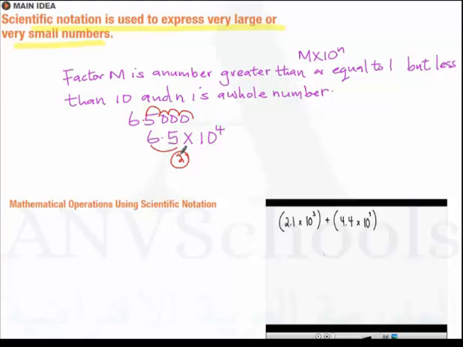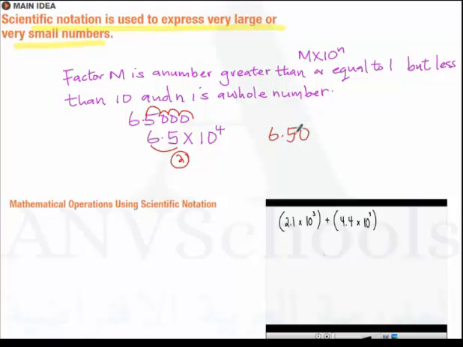So if instead you intended the first 3 digits in the 65,000 to be the significant figures, then you would not write it like this, but rather you would write it as 6.50.